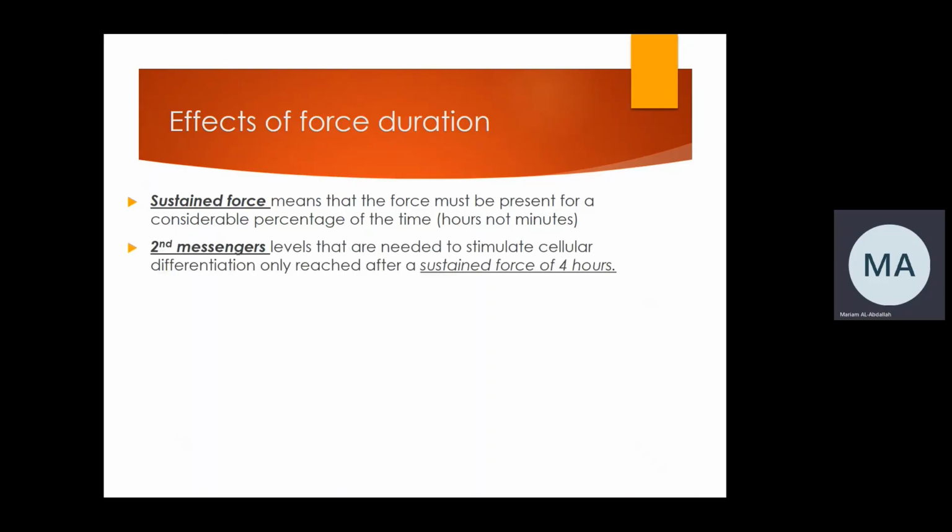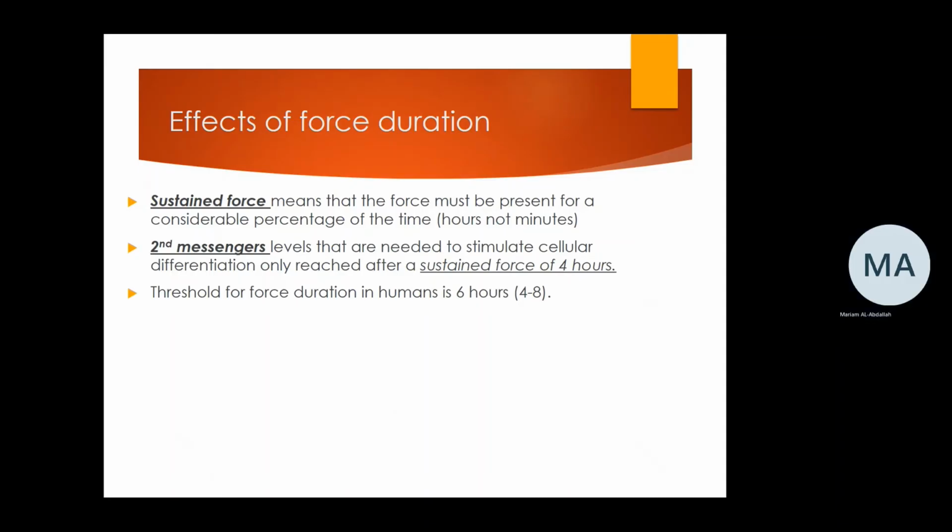Now, for the second messenger's level to reach the threshold in order to stimulate cellular differentiation after you apply the force, you will need a sustained force for at least 4 hours. After 4 hours, you will start to have some cellular activities and you will start to have second messengers elevating their level in order to start the cascade of events that are necessary to have a tooth movement.